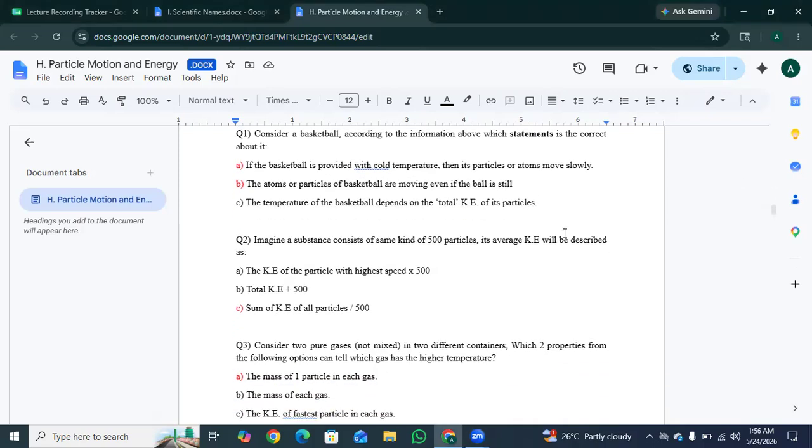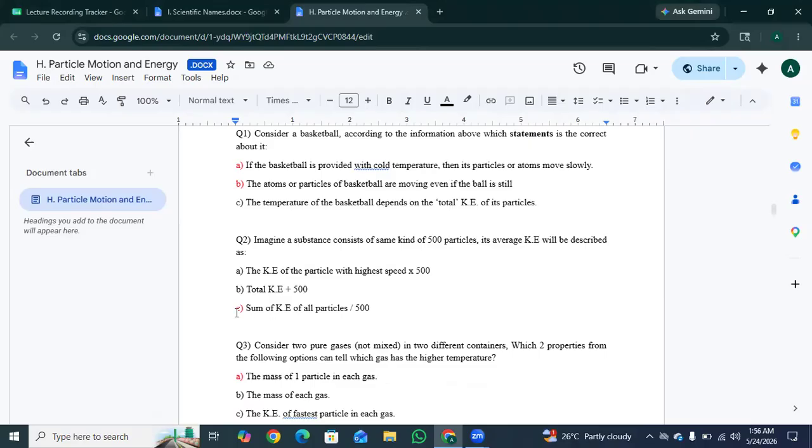Imagine a substance consists of the same kind of 500 particles. Its average kinetic energy will be described as: total kinetic energy of the particles with highest speed, total kinetic energy plus 500, or the sum of kinetic energy of all the particles divided by 500.